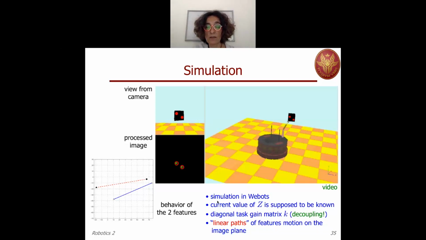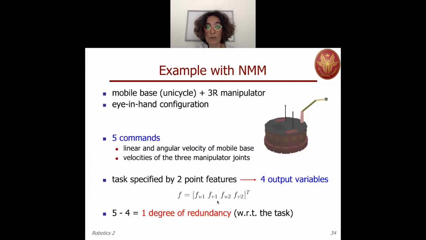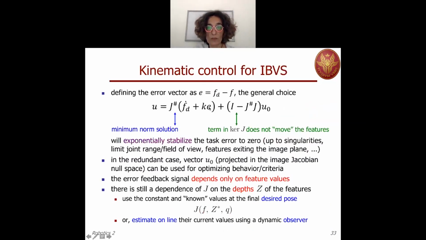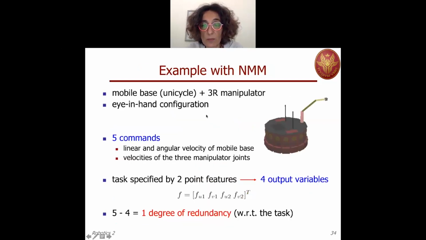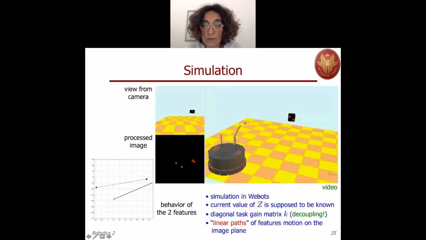The task gain matrix K, I did not comment on it previously, sorry, is a gain that, for example, as done in this case, can be a diagonal matrix, so that in this way decoupling is obtained in taking the error on the image plane to 0 for each of the 2 features.